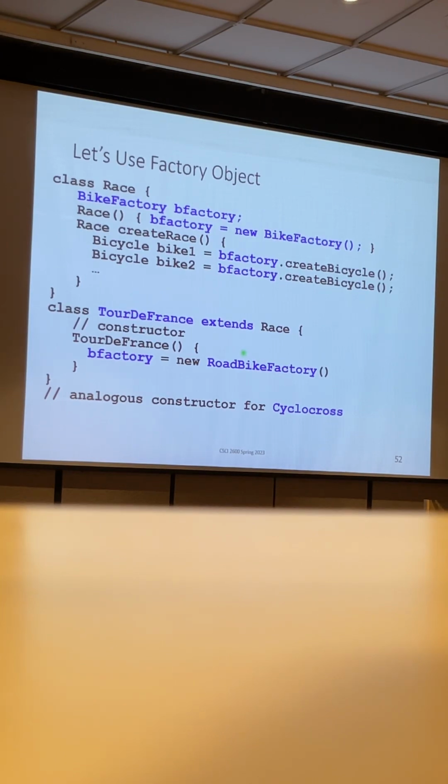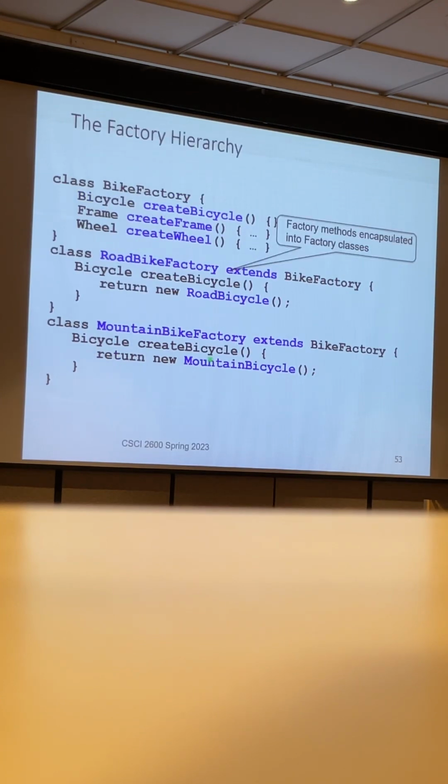All it takes is to add a parameter to the constructor, so that the constructor takes an instance of the bike factory. So instead of creating the factory here, the constructor may assume external code creates the factory, and then just passes the factory to the constructor, so that the constructor creates the bicycles that would correspond to the type of the factory that it receives.